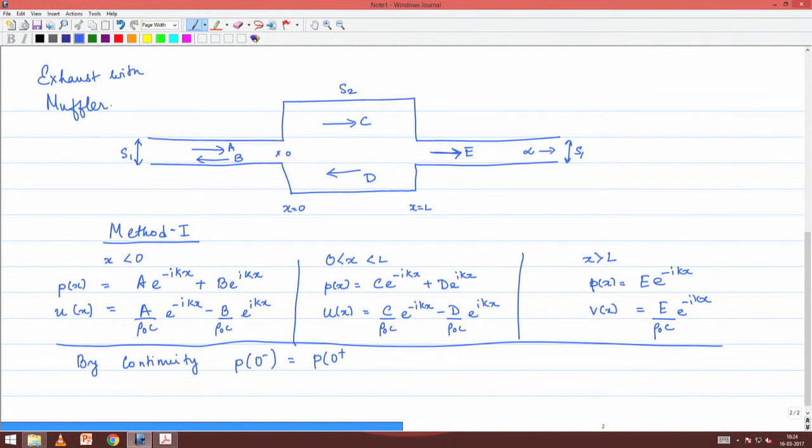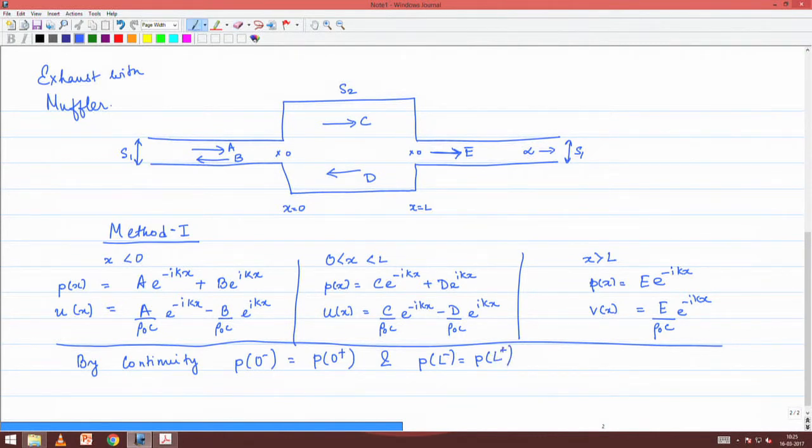There is no reason for the pressure to jump drastically. Similarly, if you take 2 points on either side of the contraction segment, you should expect that P at L minus should be equal to P at L plus, right. That should be nice and simple.